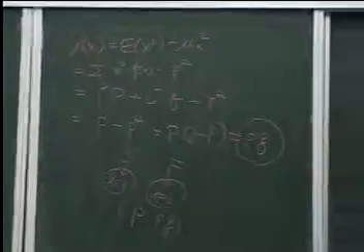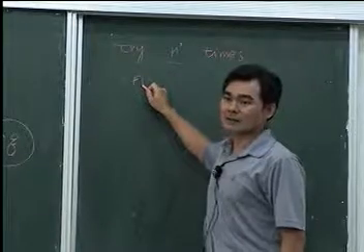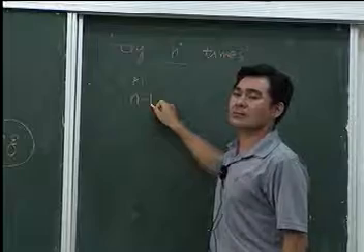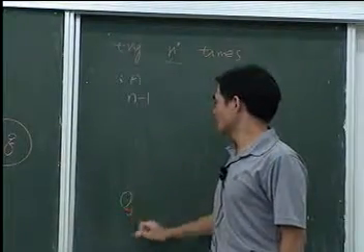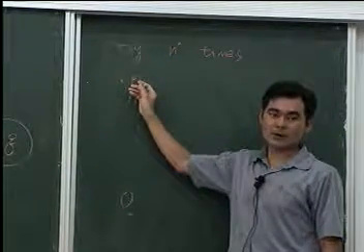But if we try n times, there can be n successes or n failures, and n minus 1 successes or n minus 1 failures, and so on. If there are n successes, that means there is no failure, right?